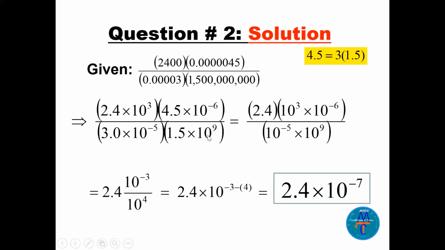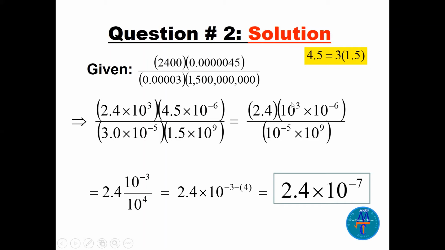Now, let's see what I can do here. You see 4.5 here. If you multiply 3 times 1.5, you get 4.5. So you can cancel, and you are left only with 2.4. Then 10 to the power 3 times 10 to the power minus 6 on top, and 10 to the power minus 5 times 10 to the power 9 at the bottom.